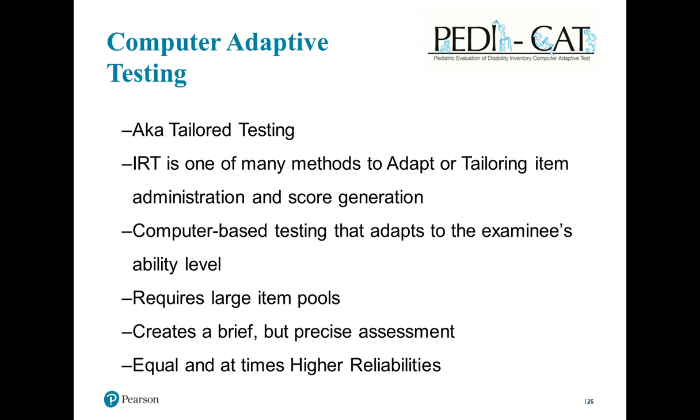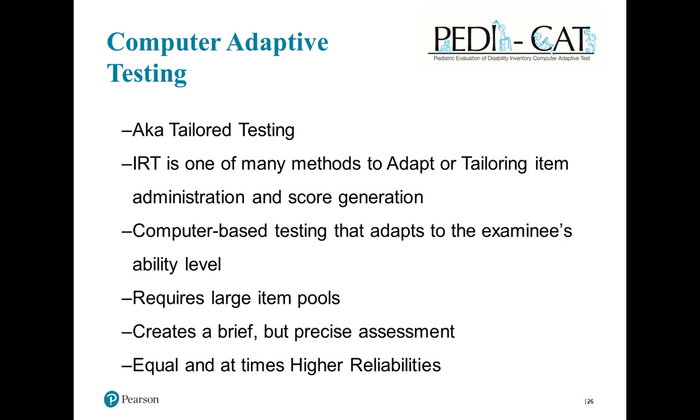It's developed using something called IRT, or item response theory. It's a method used for developing a lot of assessments, but it's particularly useful for computer adaptive testing and tailoring items to generate scores. It's computer-based testing, so it adapts to the examinee's ability level.